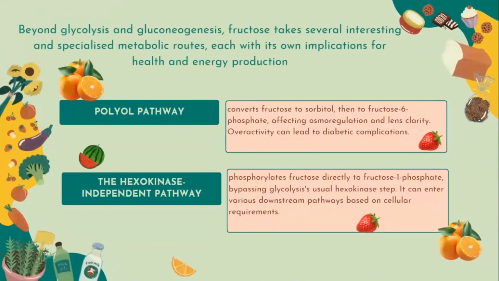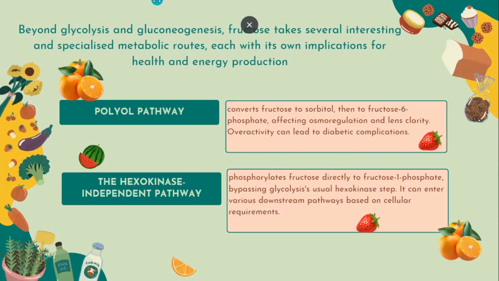Beyond glycolysis and gluconeogenesis, fructose takes several interesting and specialized metabolic routes, each with its own implications for health and energy production. The first is the polyol pathway, and this states that it converts fructose to sorbitol, then to fructose 6-phosphate, affecting osmoregulation and lens clarity.